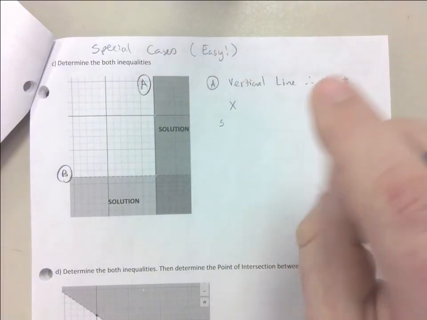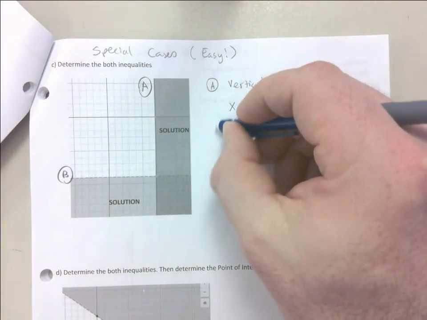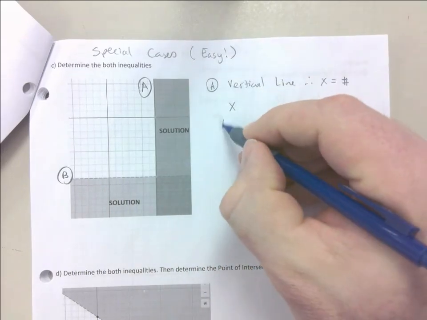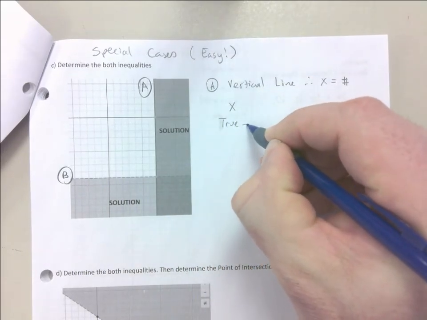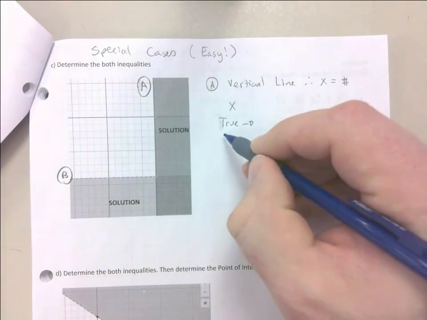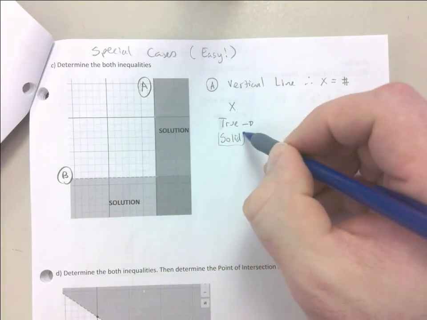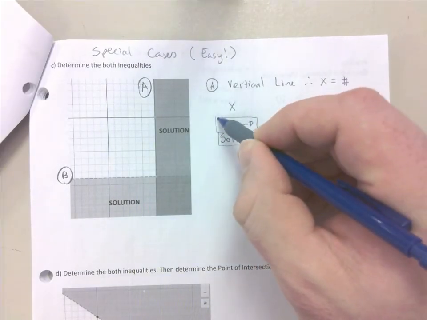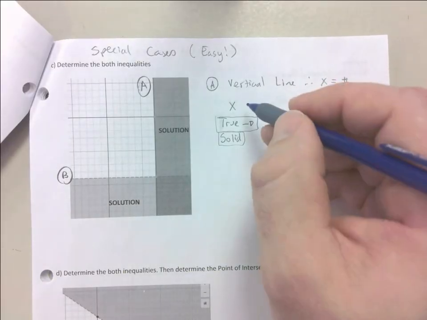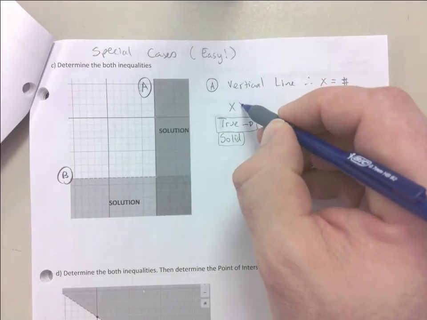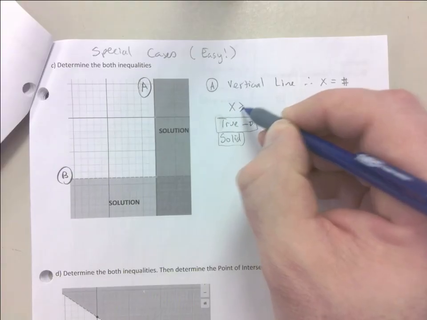How about I use the true? I tend to just stick with true when I'm doing this. True is to the right, and it is a solid line. Okay, these are 2 things that I can gather from it. So that means that I have to go greater than or equal to.